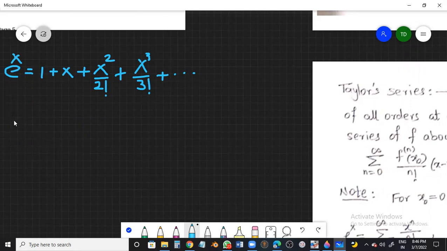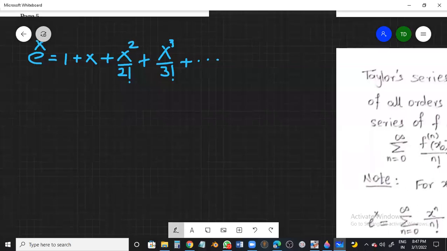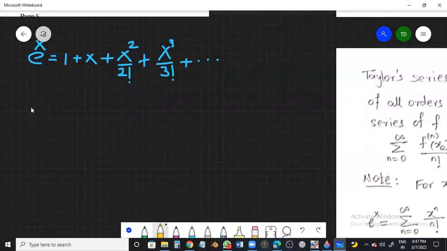Then you have the sin x series. The sin x series goes with odd numbers.